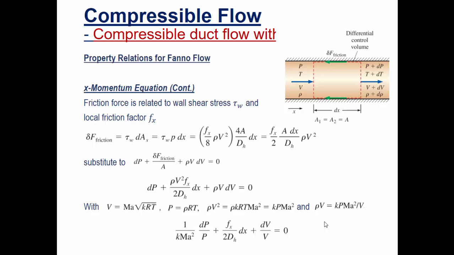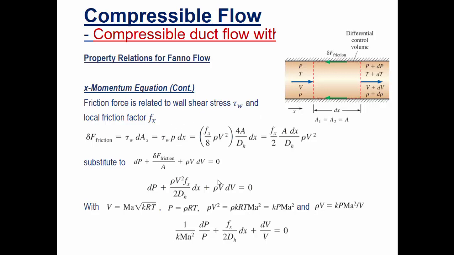Hence, we can represent the differential form of the friction force as equal to tau W, or the wall shear stress, times the change of shear area. You can see that here there's another element, the small p, appearing in the equation. This p is actually the perimeter of the cross-sectional area.